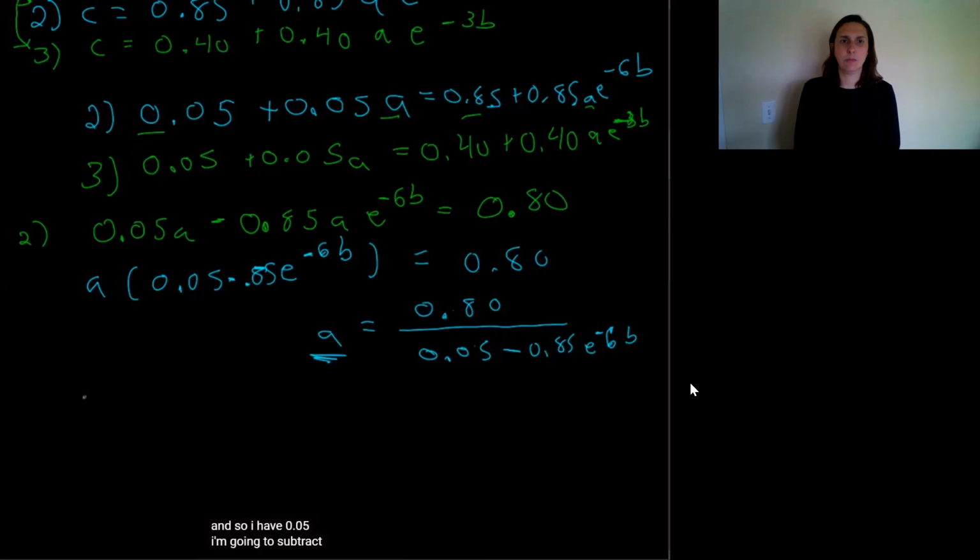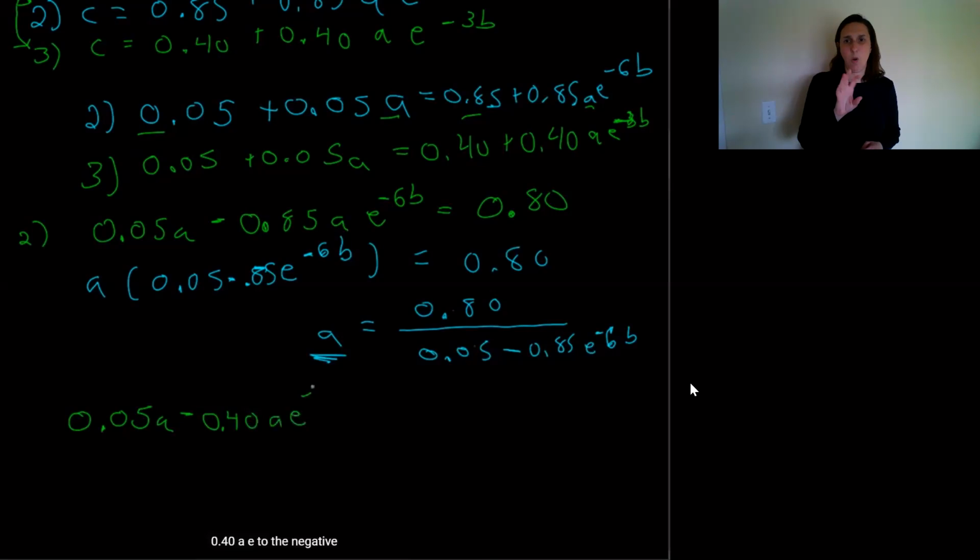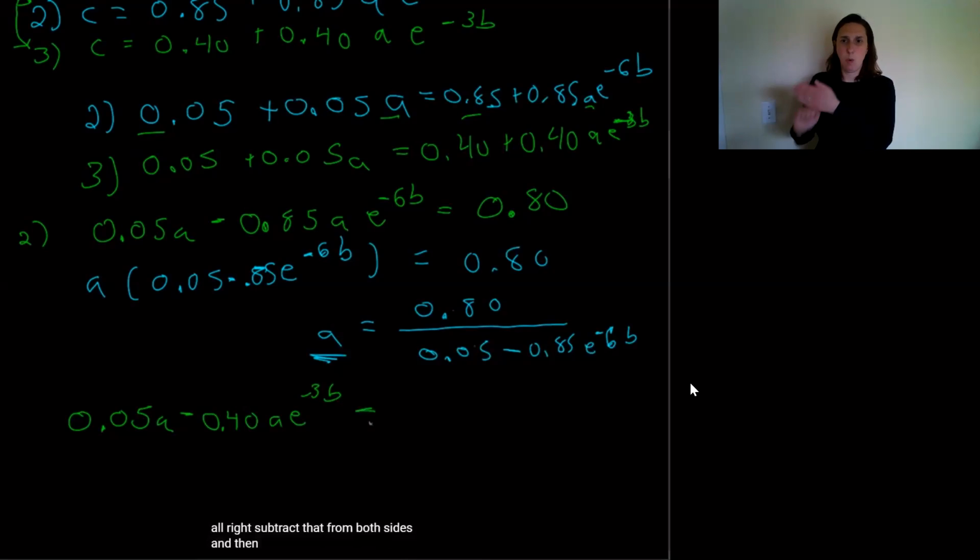I'm going to subtract that from each side, and so 0.5a minus 0.40 a e to the negative 3b. All right, subtract that from both sides. And then I'll subtract the 0.05 from both sides, which gives me 0.35.